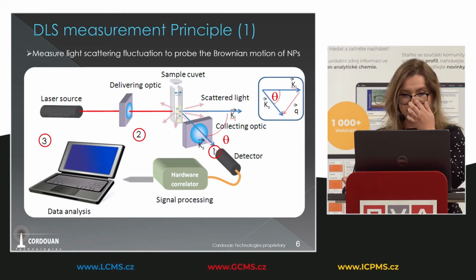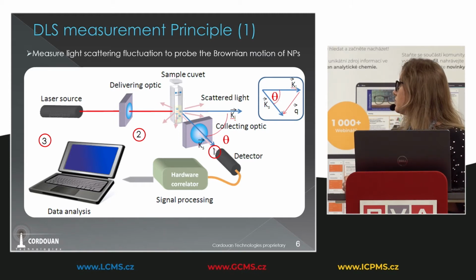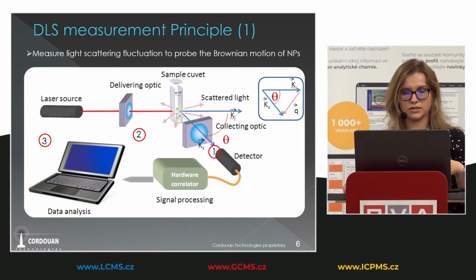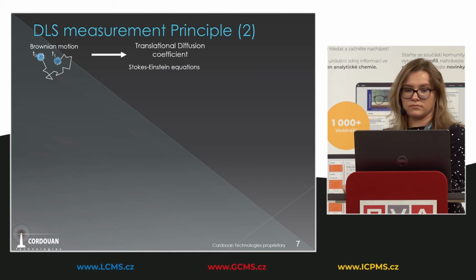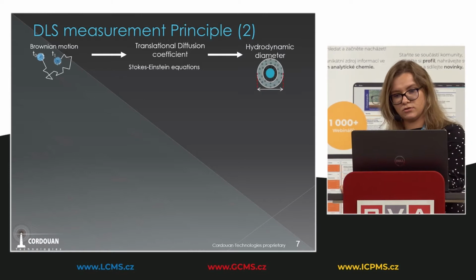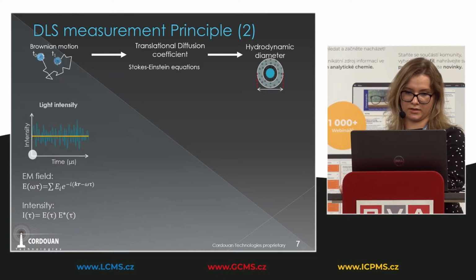For the method itself, we send light onto the suspension with your particles, and we detect the scattered light at a given angle. Thanks to mathematical calculation and a hardware correlator, we can calculate the size of the particle. So in fact, you have the Brownian motion of the particle, you detect the intensity of scattered light, and using the equation you are able to obtain the hydrodynamic diameter.